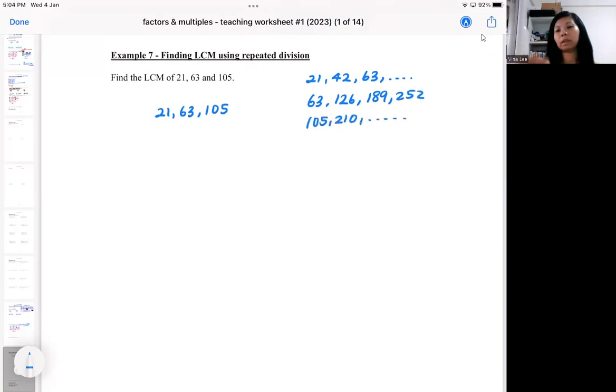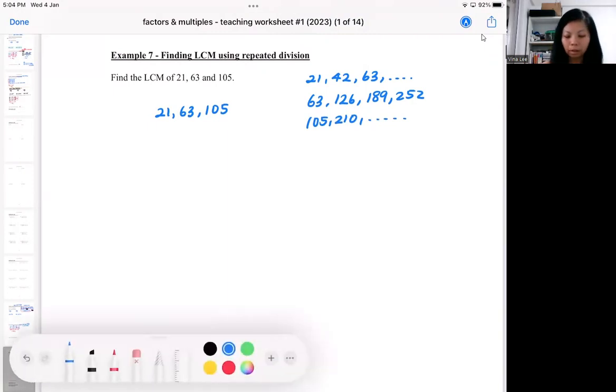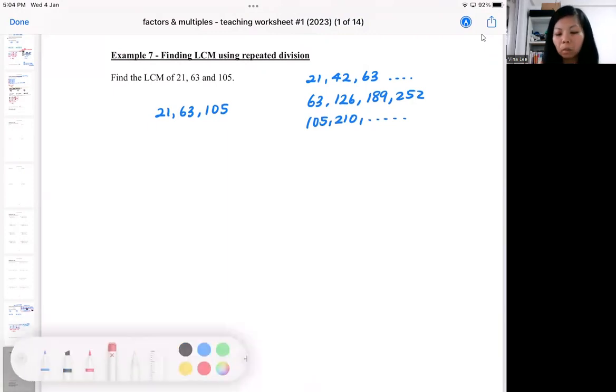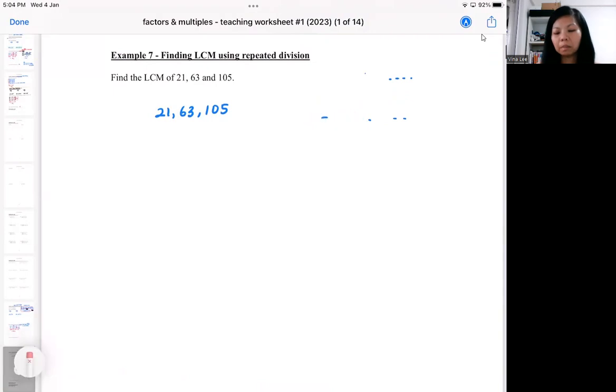It's going to be very tedious if I'm going to list out everything, because the numbers will get quite big, and then find the first common number.